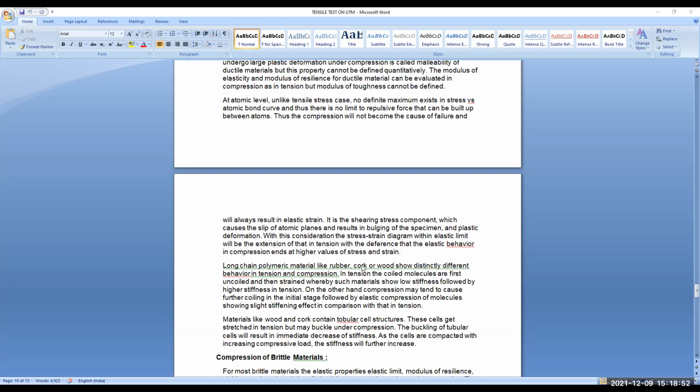Polymeric materials like rubber and cork show distinctly different behavior in tension and compression. In tension, the coiled molecules are uncoiled and then start straining, followed by high stiffness. On the other hand, compression may tend to cause further coiling of the initial state formed by elastic compression of molecules.